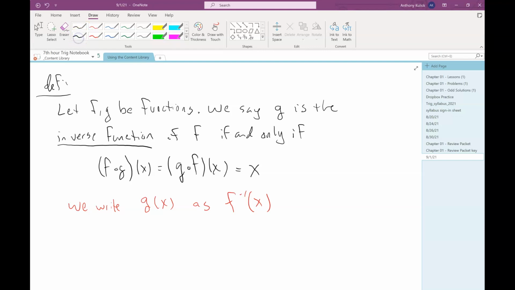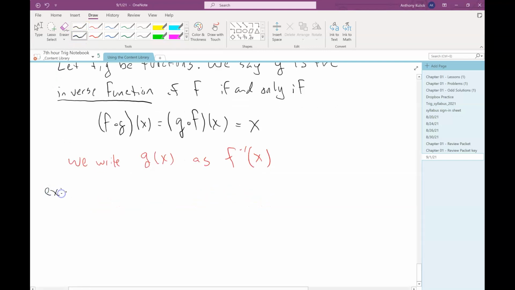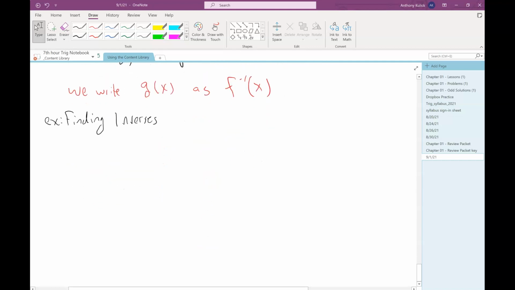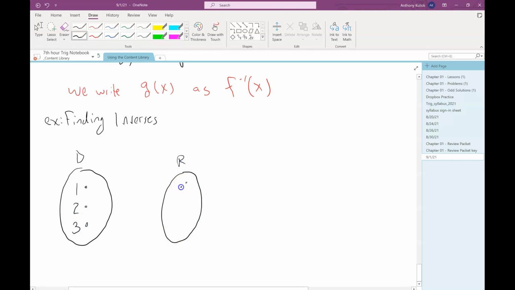So let's look at some examples of finding inverses. So let's say we have our function written as this mapping diagram. I'll call that function f.